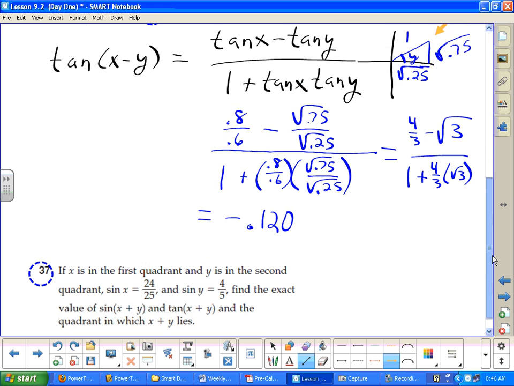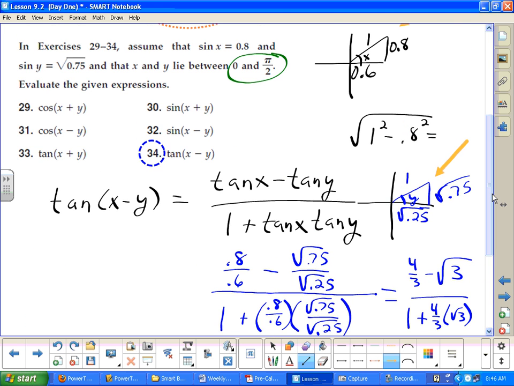Now, how many of you wrote these two triangles down? Anybody write them down? Guess what? Part of your assignment is some of those other ones, 29 to 34. In 29 through 34, they all use the same triangles. Okay? So you might want to write them down.